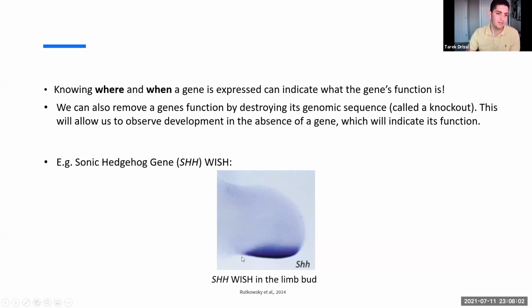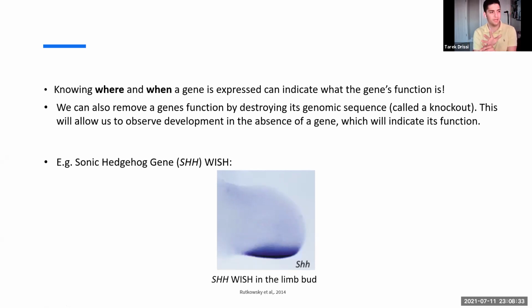So the example gene that I'm going to use, this is pretty funny, but biologists think they're funny, and they decided to name a gene Sonic Hedgehog. And there's a lot of history on that, but yeah, there's a gene called Sonic Hedgehog, and this is the in situ hybridization for Sonic Hedgehog. It is expressed at the posterior portion of the limb bud, so that's where your pinky would be. It actually functions to control the polarity of your hand.